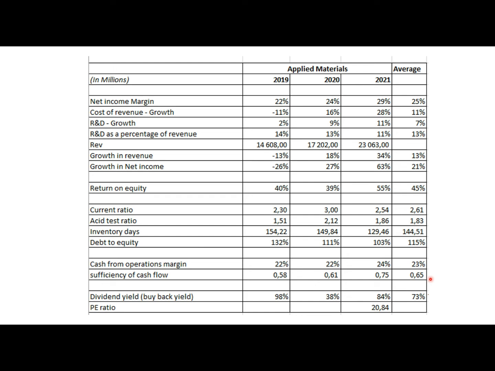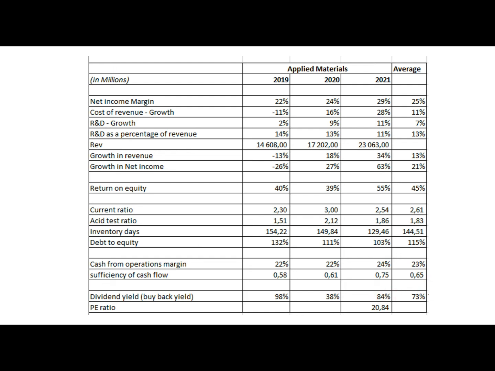So decent, very decent. No complaint from my side. The sufficiency of cash flow does indicate that Applied Materials can generate cash flow to fund operations at these levels. It is very good. A lot of cash, however, of Applied Materials does go into rewarding shareholders.